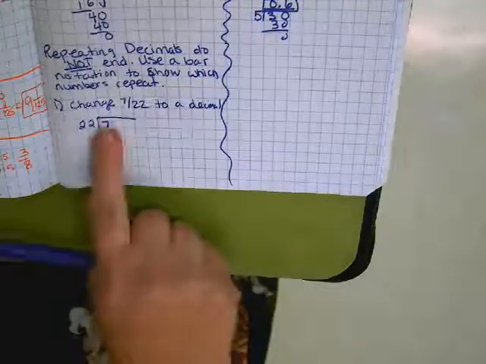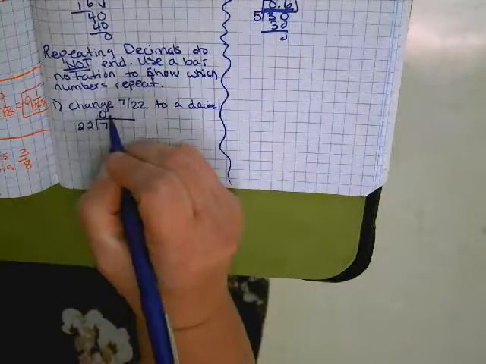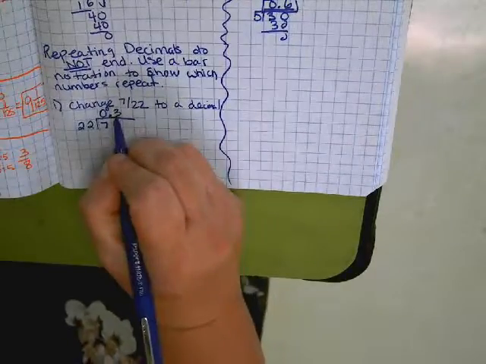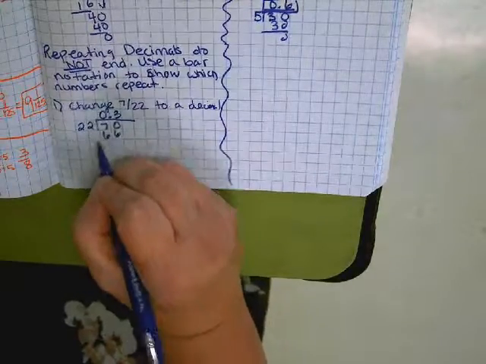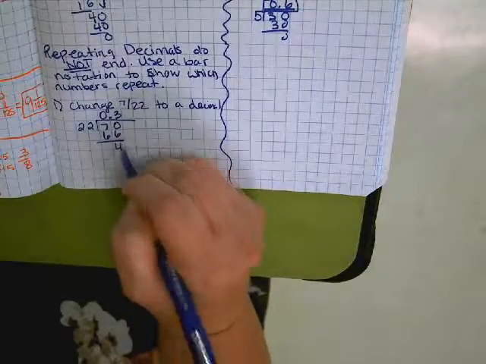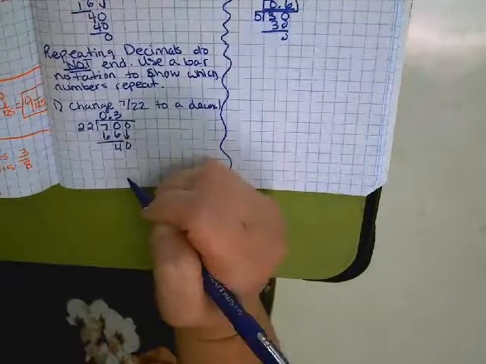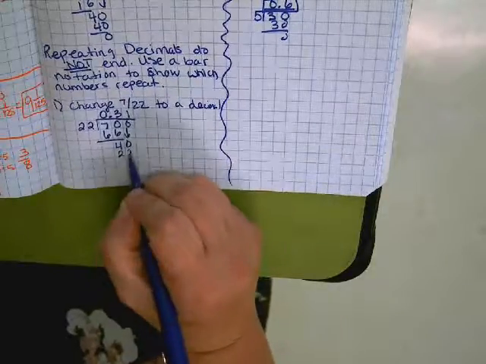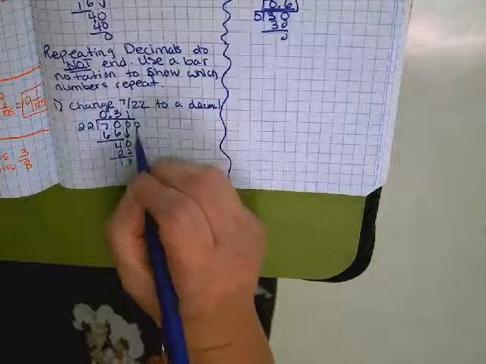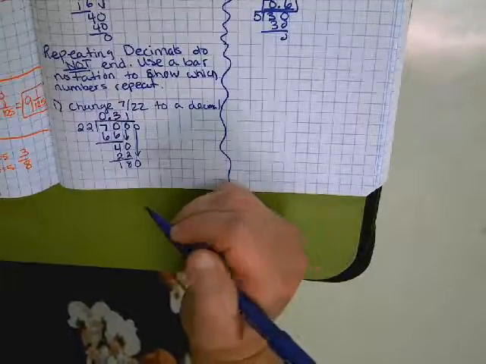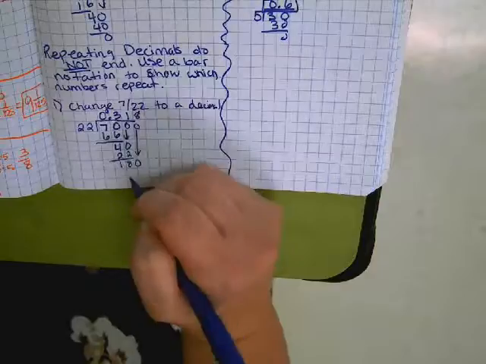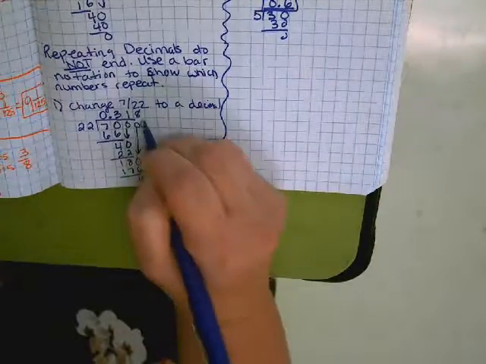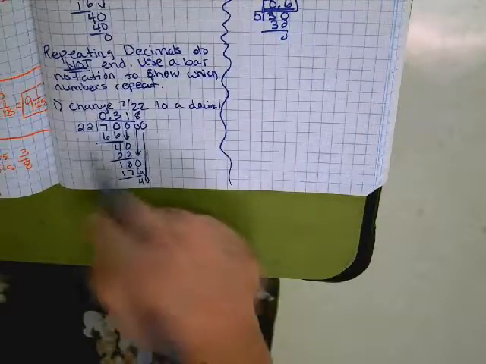So 22 can go into 7 0 times. Add a decimal, add a 0. 22 can go into 70 3 times. 3 times 22 is 66, with 4 left over. Add a 0. 22 can go into 40 one time, with 18 left over. 22 can go into 180 8 times, with 4 left over. 22 can go into 40.